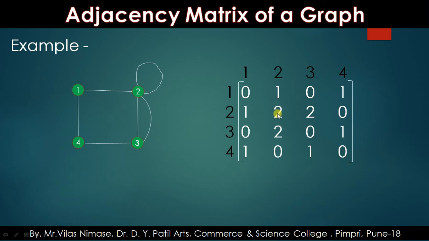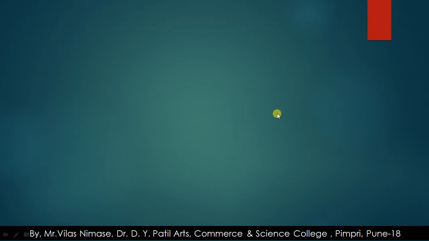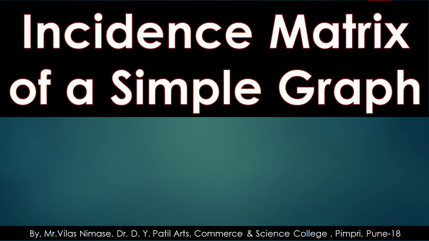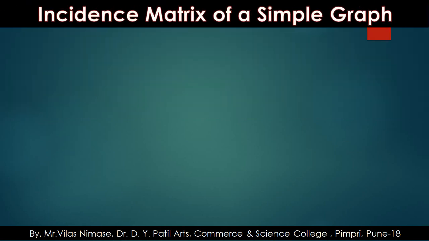Now we will study about incidence matrix of a graph. The incidence matrix of a graph G having m vertices and n edges is an m cross n matrix.